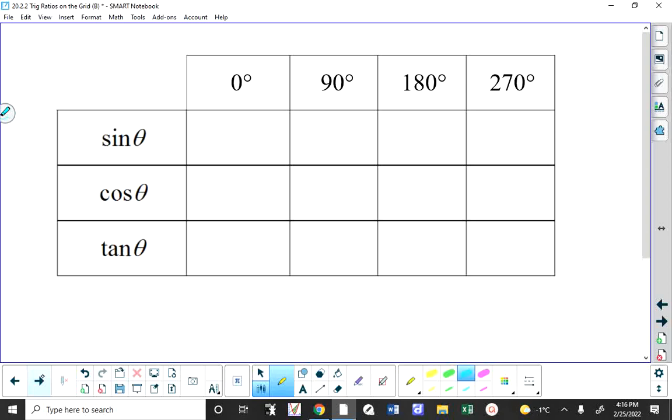So off on the side here, I'm simply going to remind you that the sine of an angle is equal to y over r. The cosine of an angle is equal to x over r. And the tangent of an angle is equal to y over x.